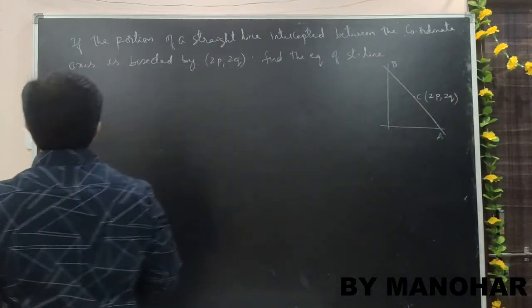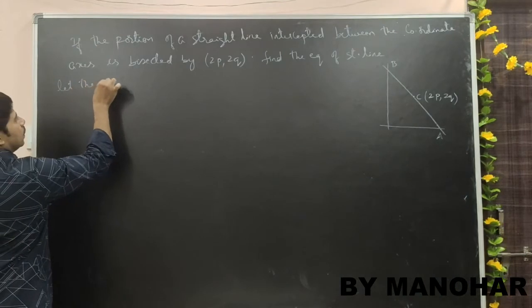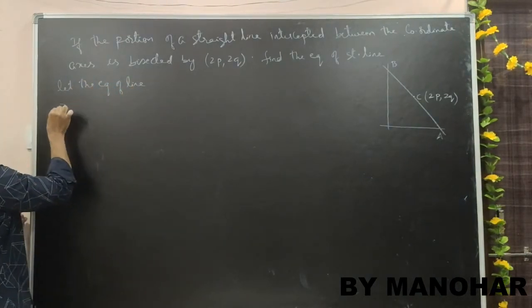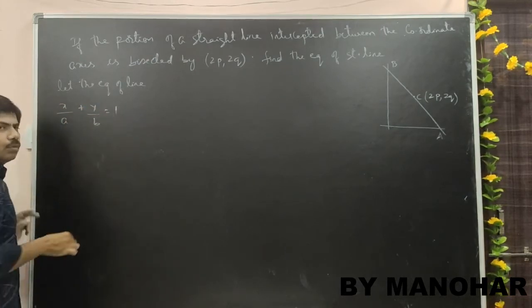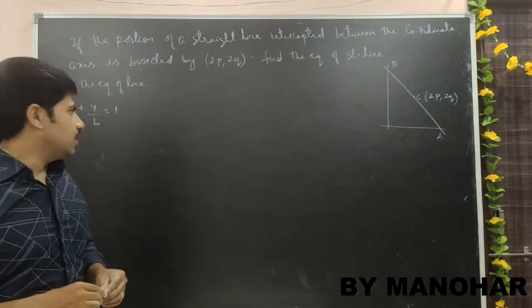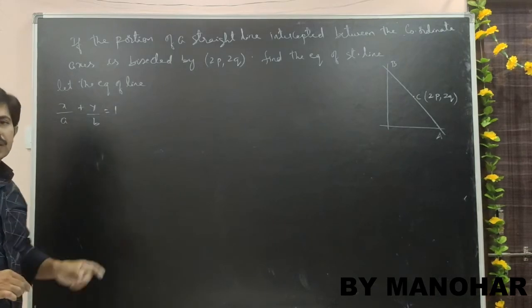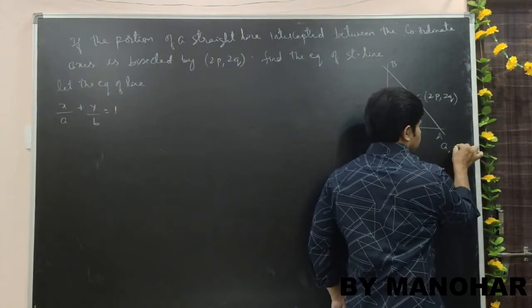So what I'll do is assume the equation of the line as x by a plus y by b is equal to 1. If the line is x by a plus y by b is equal to 1, the point on the x axis will be a comma 0.